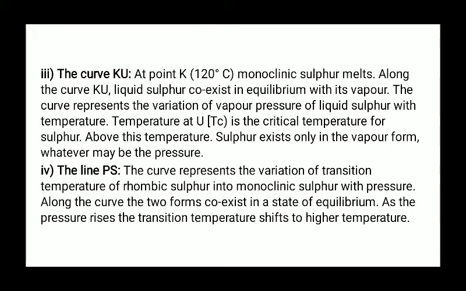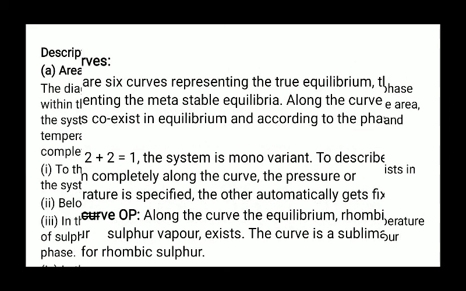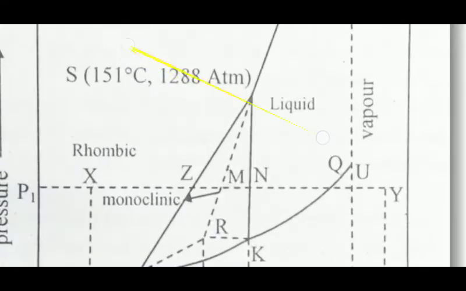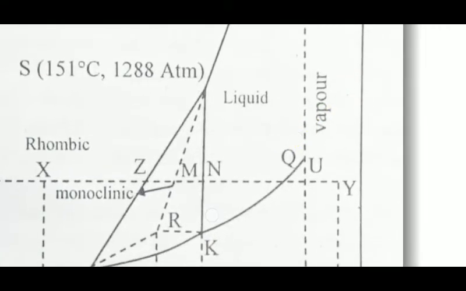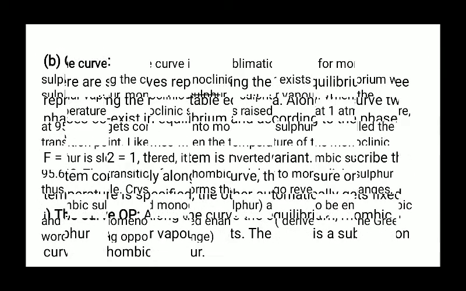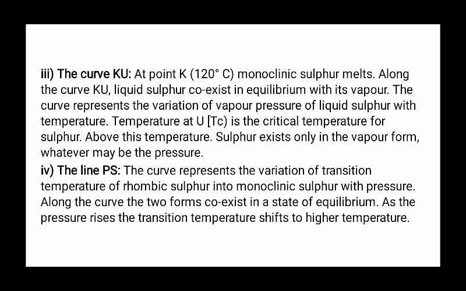Curve KU. See here, curve KU. At point K, 120 degrees C, monoclinic sulfur melts.